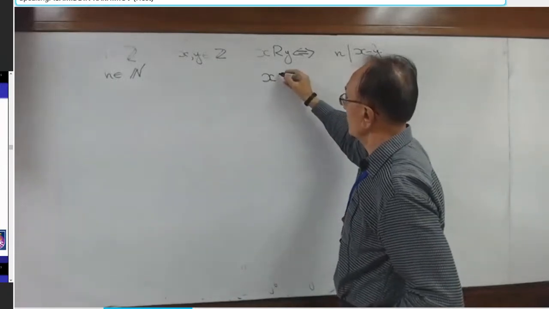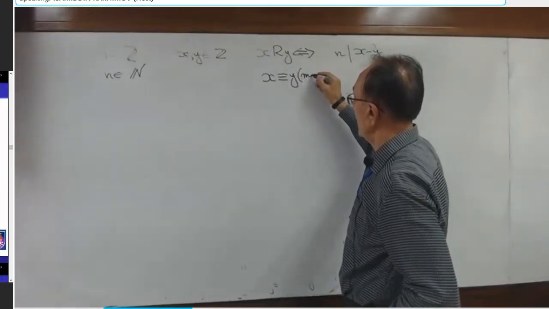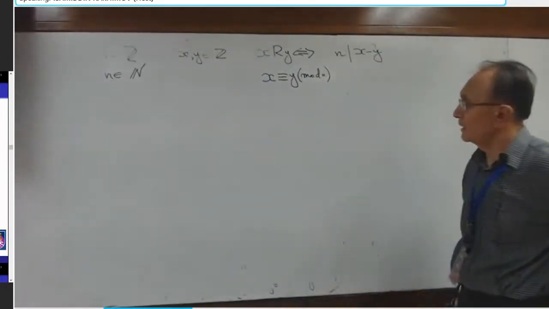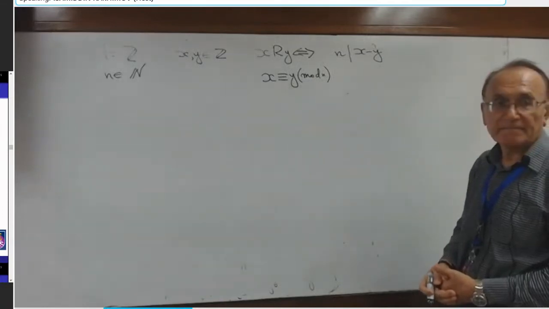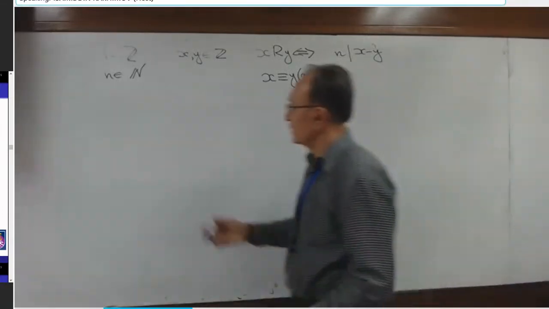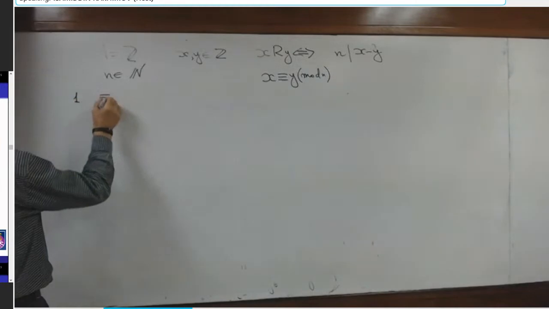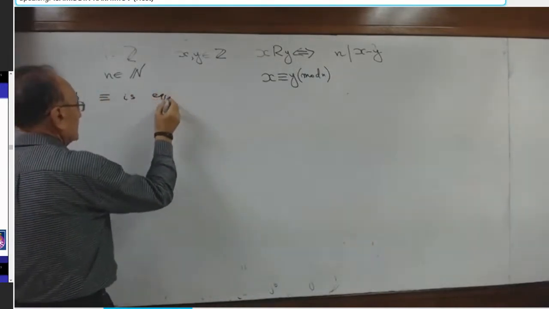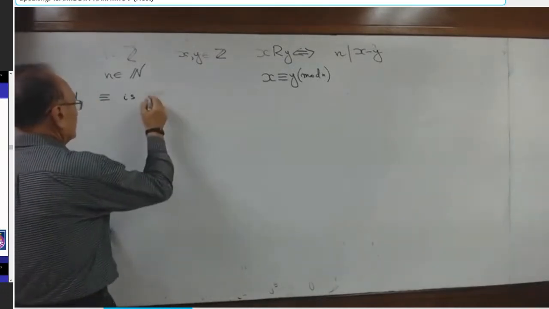So x is congruent to y mod n. In this case, we say x is congruent with y mod n. It is easy to see this is an equivalence relation on Z.